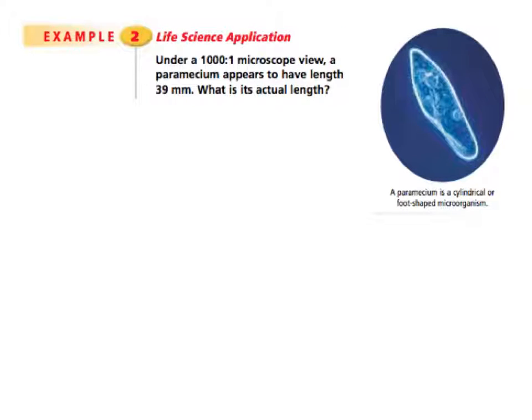So this is a life science application. Under a microscope, a 1000:1 microscope view, a paramecium appears to have a length of 39 millimeters. What is its actual length? So we know that the scale is 1000:1.